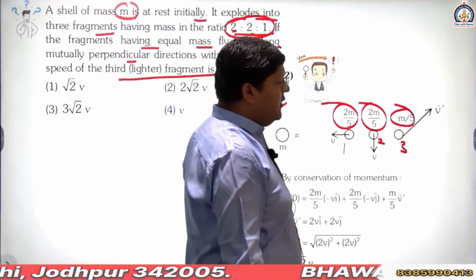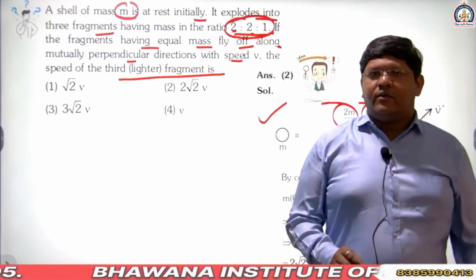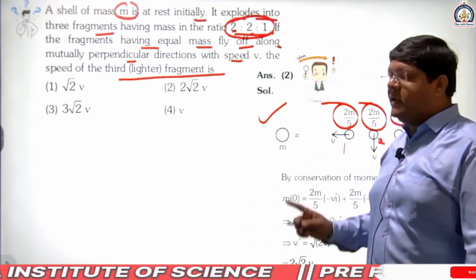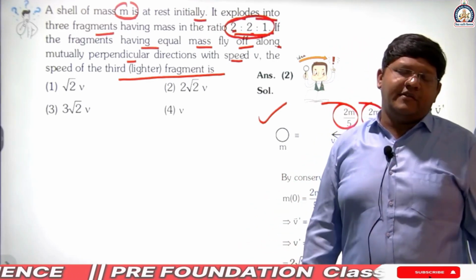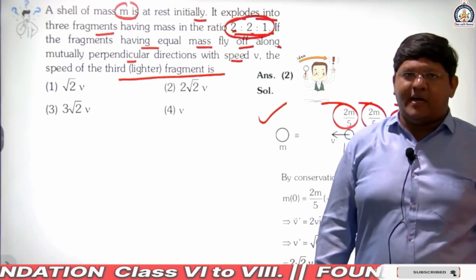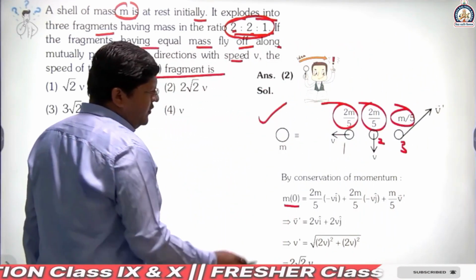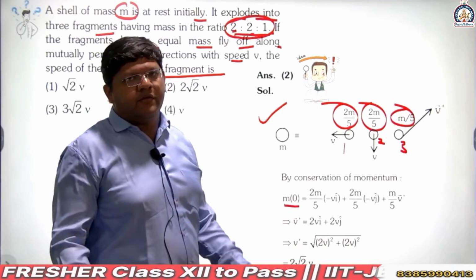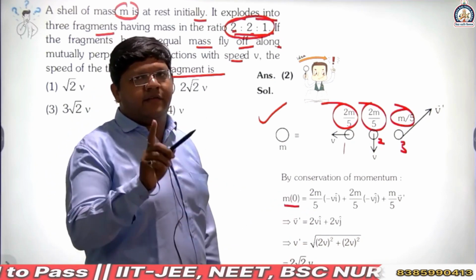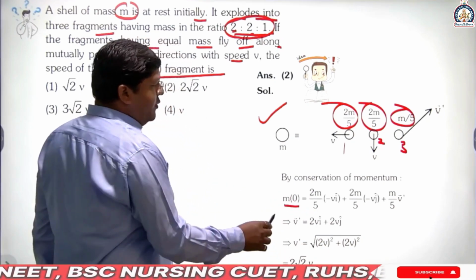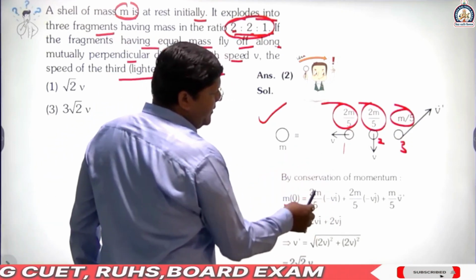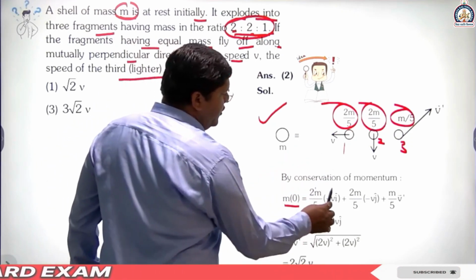Now this is simply a question related to conservation of momentum. Momentum before is always equal to momentum after. So momentum before is mass into 0. Why is it 0? Because initially the object is at rest, it has no component of velocity. Momentum after the explosion is mass into velocity.